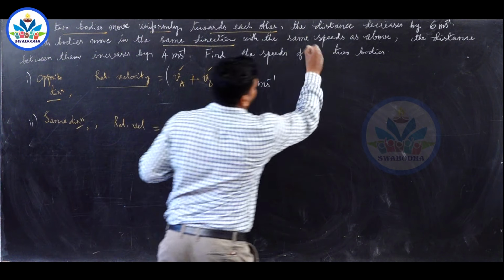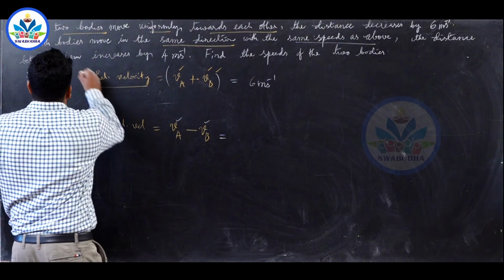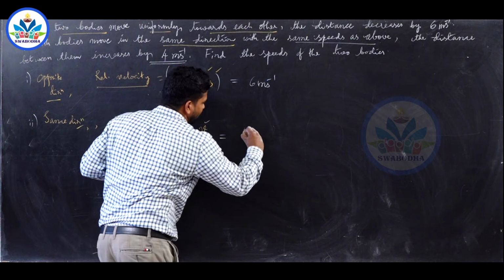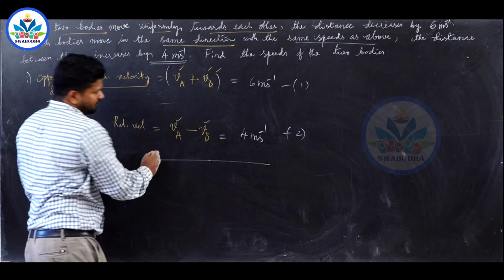Same speeds as above, therefore we can use the same VA and VB. Distance between them increases by 4 meter per second, that is 4 meter per second. Let me call this equation 1, this equation 2.